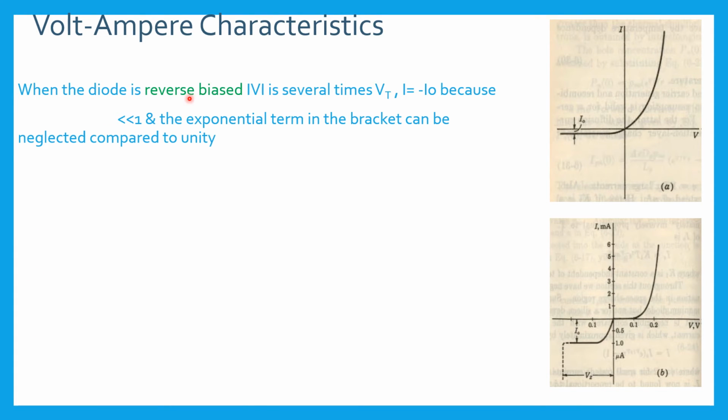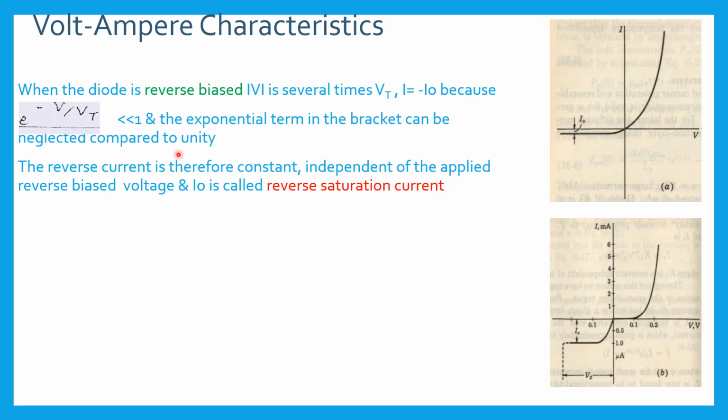When the diode is reverse biased, mod V is several times Vt. I is equal to minus I0 because e raised to minus V by Vt is less than 1 and the exponential term in the bracket can be neglected compared to unity.